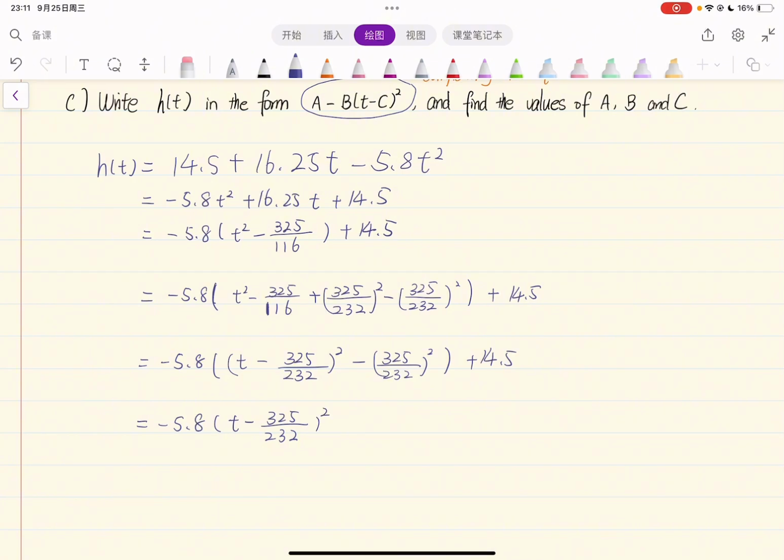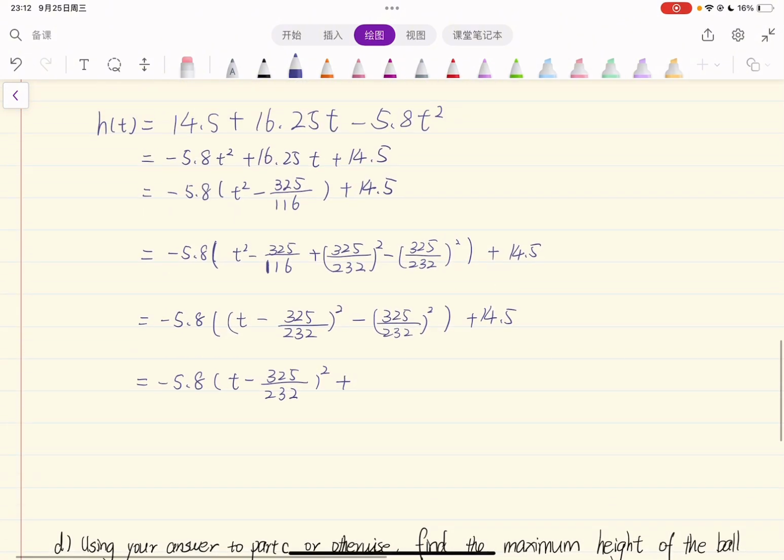So that should be plus what we have. Use a calculator: 325 over 232 squared, times 5.8.